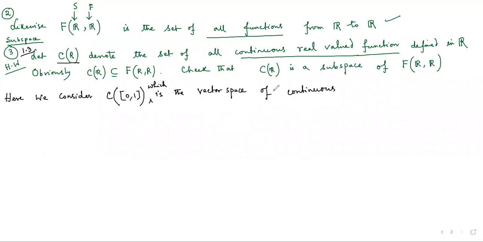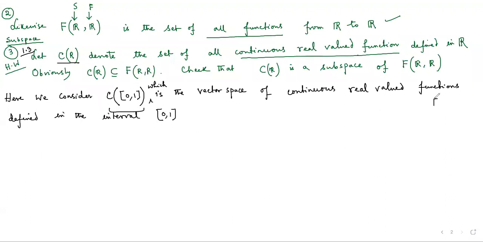My point was the discussion about the inner product space. So keeping these prerequisites in mind, I am considering a set which is denoted by this, which is the vector space of all continuous real valued functions defined in the interval [0, 1].